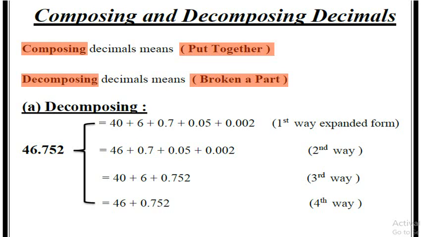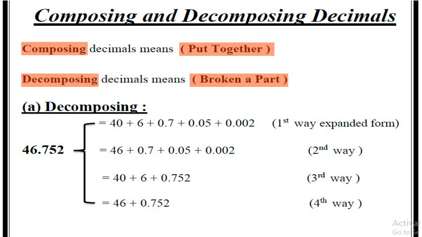The first way is expanded form. In expanded form, I will take each part alone. I have 46.752, which means 40 plus 6 plus 7 in the tenths place, which means 0.7, 5 in the hundredths place, which means 0.05, 2 in the thousandths place, which means 0.002.